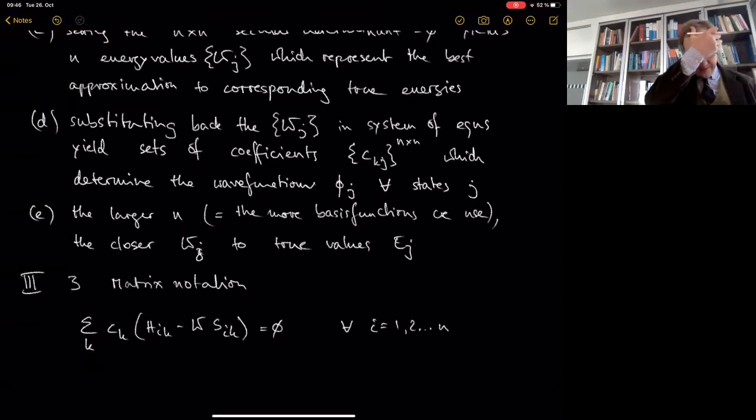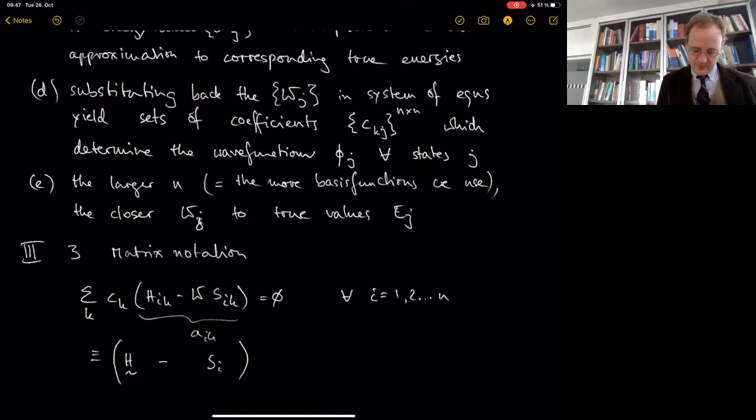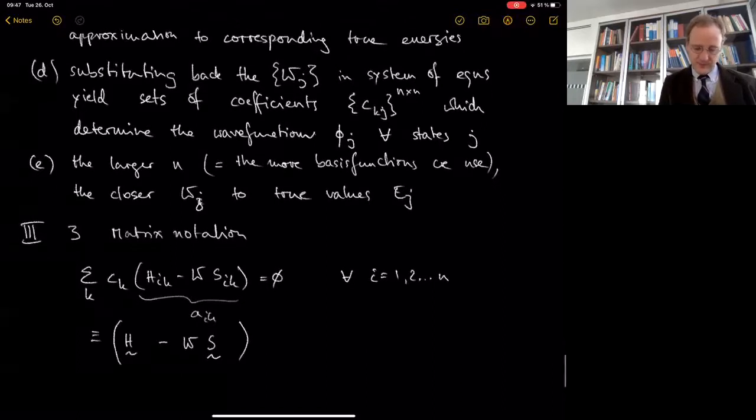Now, so this is the matrix we had before, and we can write this slightly differently, right? Rather than just calling this our A ik, we can also write this in such a way where we have a big matrix, each element of which consists of a difference, right?